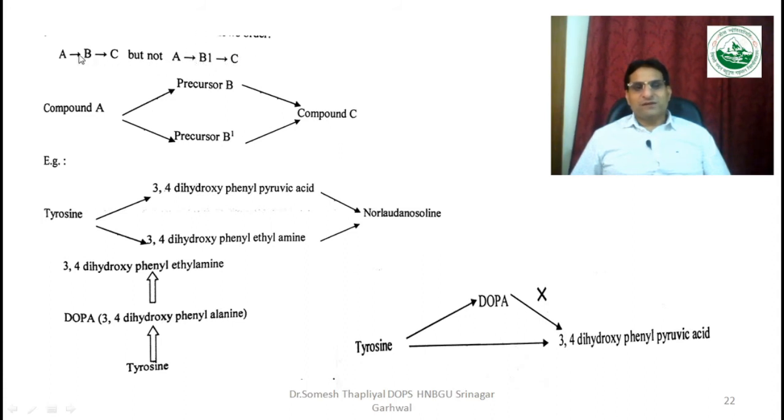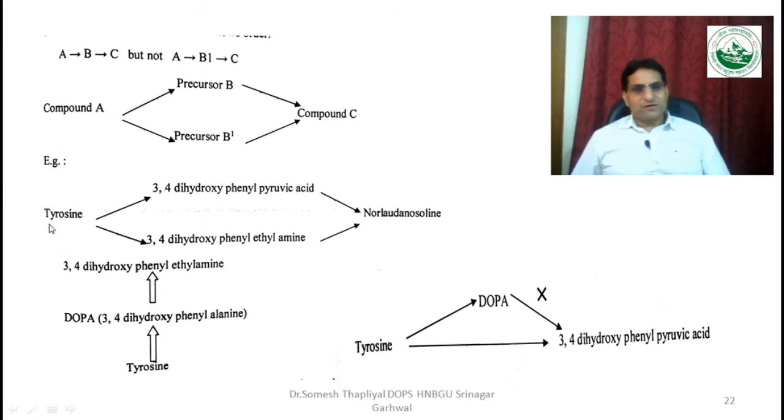So when we compare, we can say this will be the final pathway but not the other one, when radioactive isotope activity is found in this compound. So compound A, precursor B, precursor B dash, and we obtain compound C. We will explain with the help of an example.